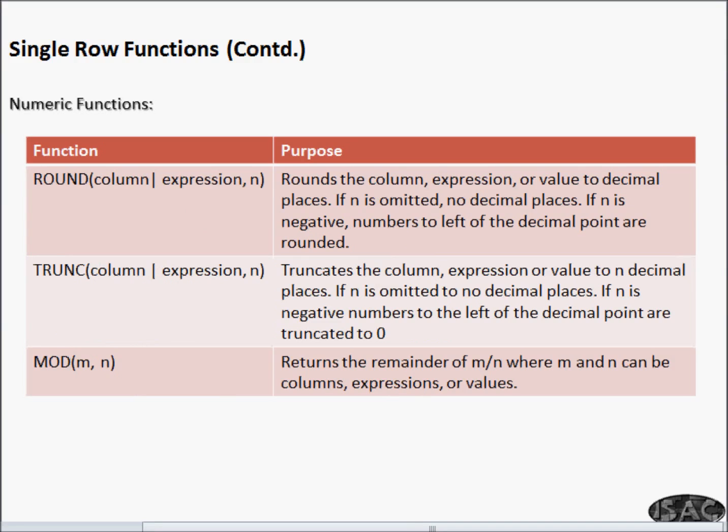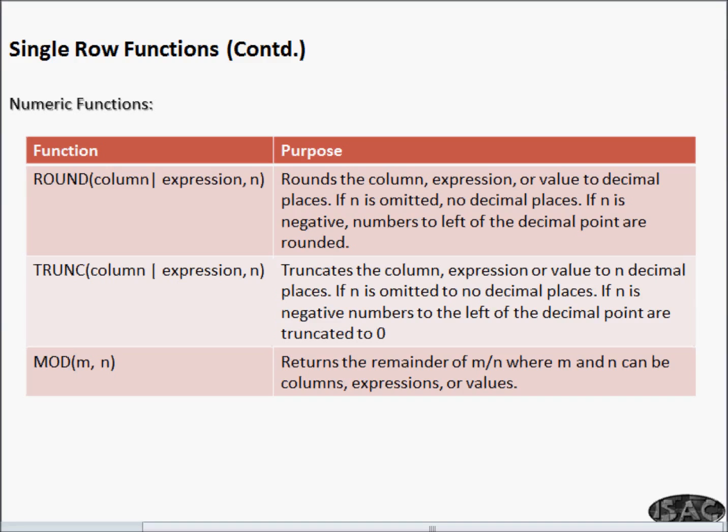Another function, the numeric function. We understood the character functions now, right? Next is the numeric functions, where we have ROUND, TRUNCATE, and the MOD function. ROUND means if you have some number, you want to round it to some digit, you can use this function. TRUNCATE means I don't want to round, I just truncate from this digit.